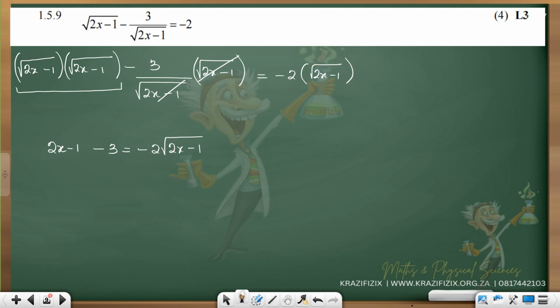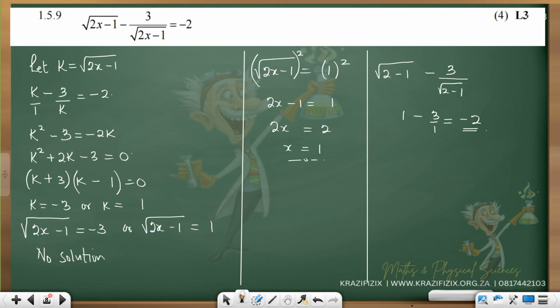Okay, all right, I see why you said that. But I'm glad you were able to see this. Guys, this method is exactly what we did here. We multiplied by K across. All right, I'm going to show you another way as well.